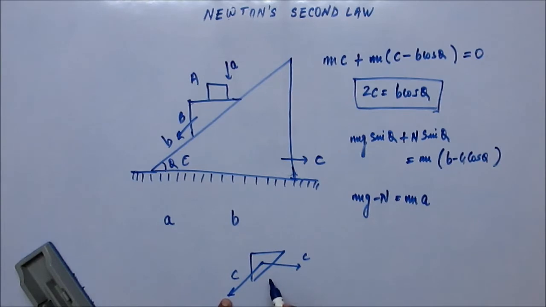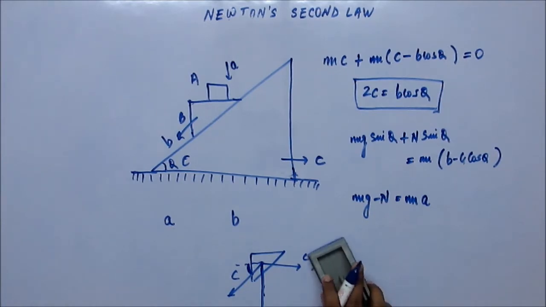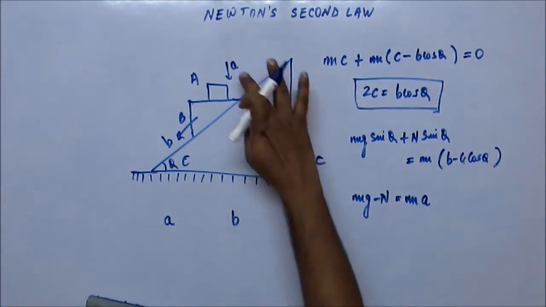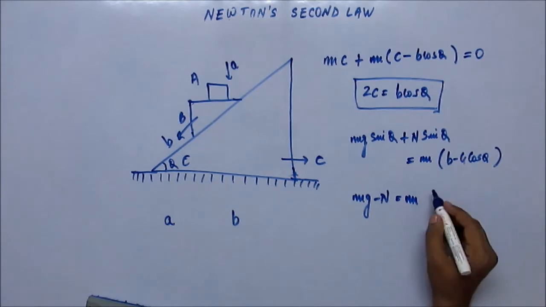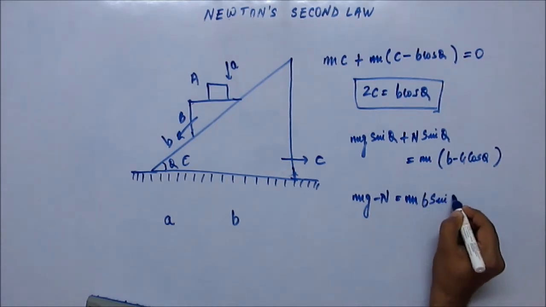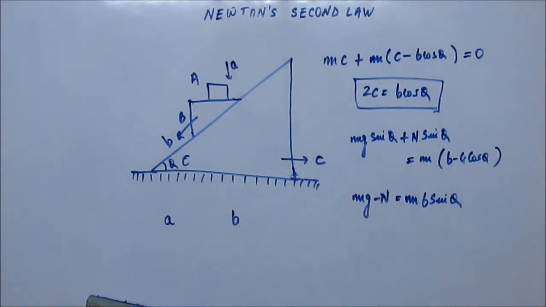So the acceleration of B in the downward direction, as you can see, this angle is theta, is B sine theta. C is horizontal, so there will be no component of C. B has a component B sine theta, this component, in the vertically downward direction. So the acceleration small a will be the same as B sine theta, because A and B are not losing contact.